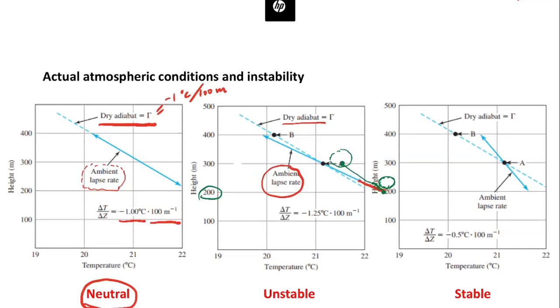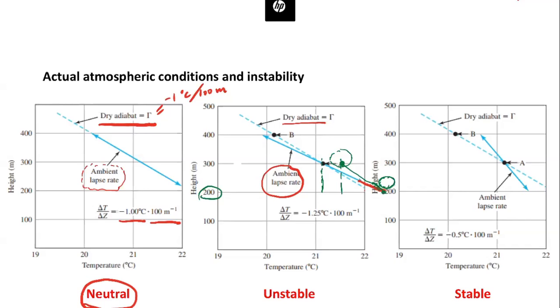basically it's going to have a temperature that looks like this, okay? So the temperature is going to be higher than the temperature surrounding it. We mentioned earlier, if the temperature is higher, then it's going to have a lower density. If it has a lower density, then this air will try to continuously rise up, right?